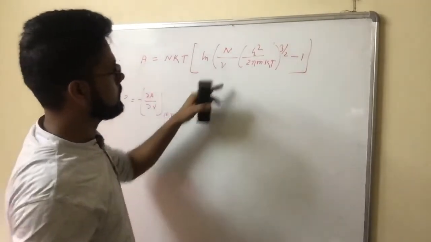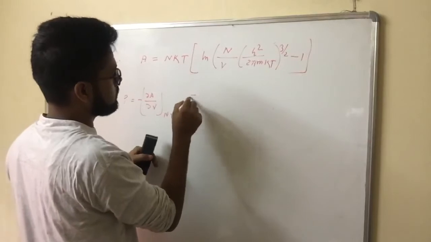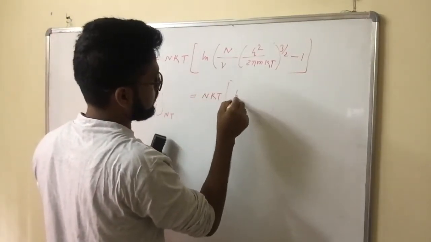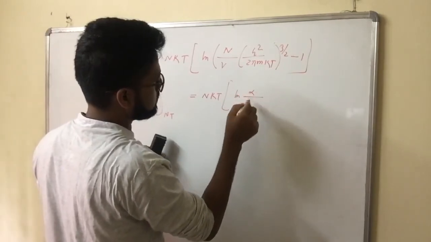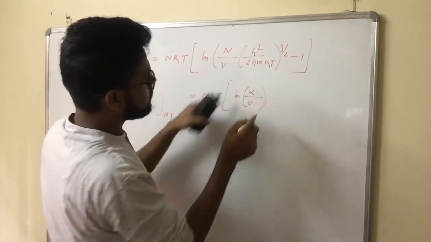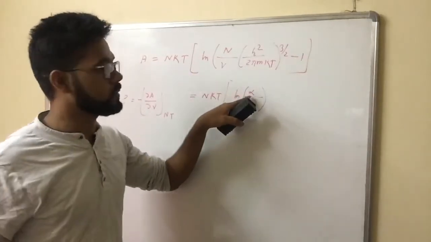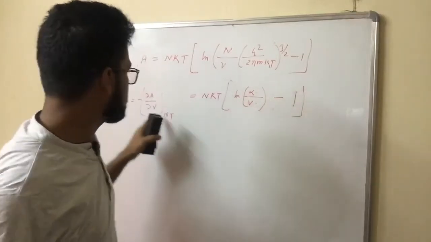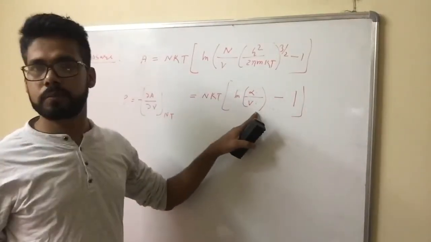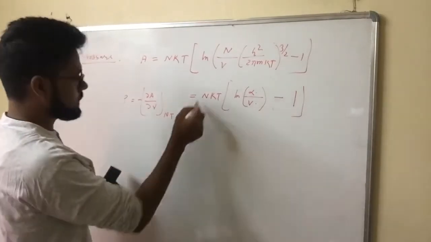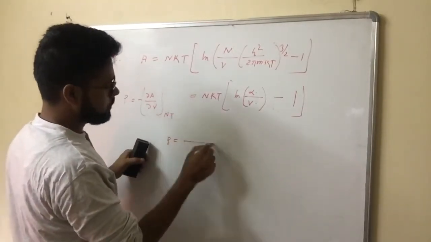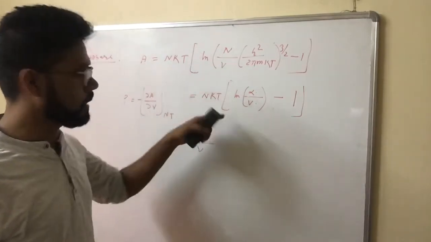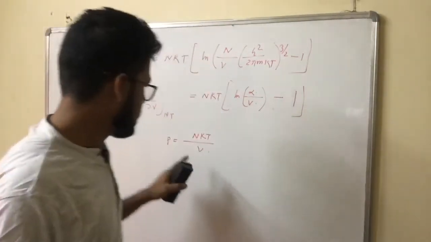N and T constant means this whole term is constant. I can simplify this equation: NkT [ln(alpha/V) minus 1]. This whole constant term I put inside the alpha. Alpha is a constant. Because this is variation with respect to V, it is a simple differentiation. If you do this calculation, pressure equals NkT by V.